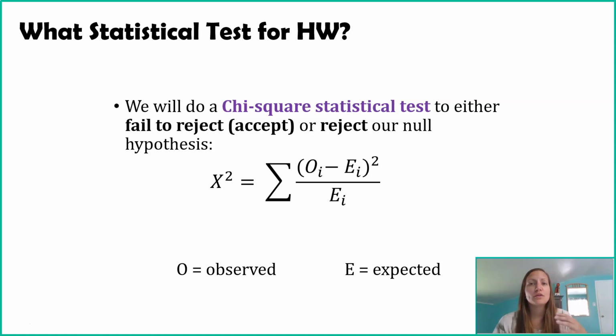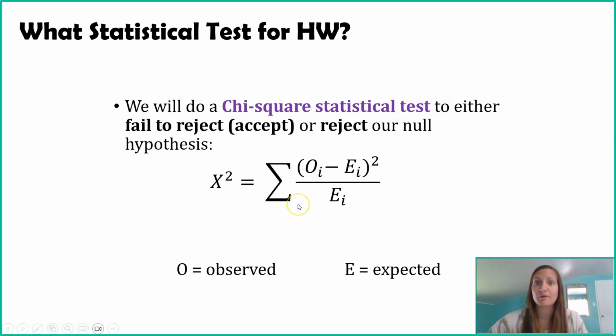And so we'll use this chi-square test that you see here to compare what we observed and what we expected. To briefly explain how this equation works, the variable you're solving for is chi-square. I want to emphasize you're solving for chi-square, not chi, so don't square root anything. Chi-square stays together.